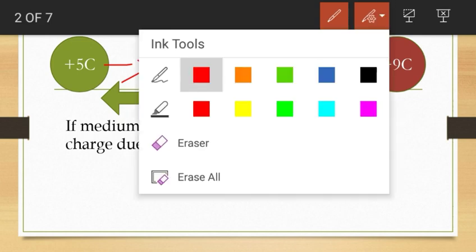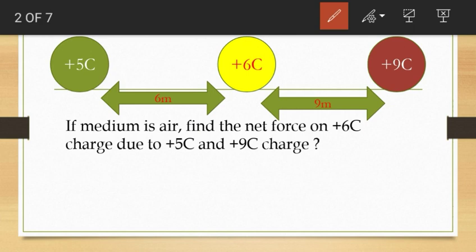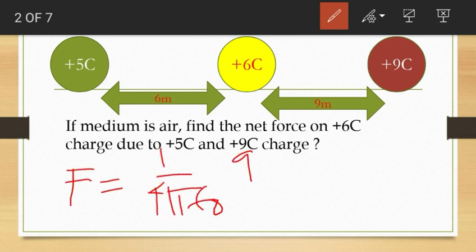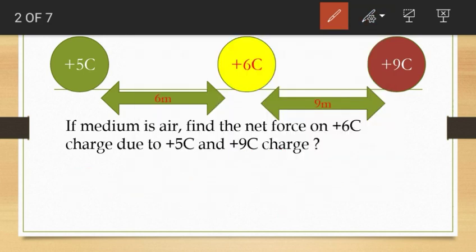From Coulomb's law we already know that F is equal to 1 by 4 pi epsilon 0, q1 q2 divided by r square. Using this simple formula we shall solve all the questions throughout this chapter, right? So let's begin the solution.